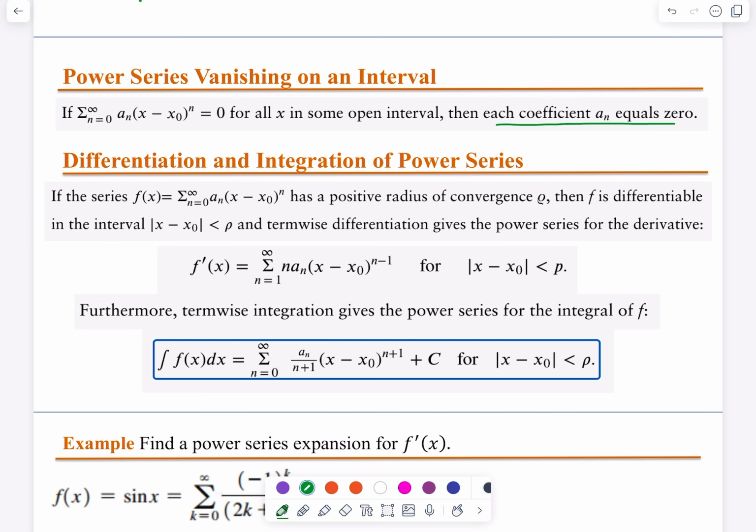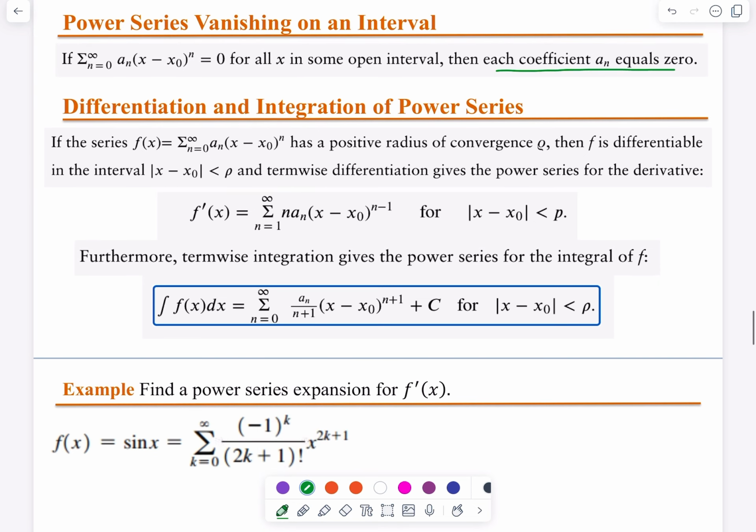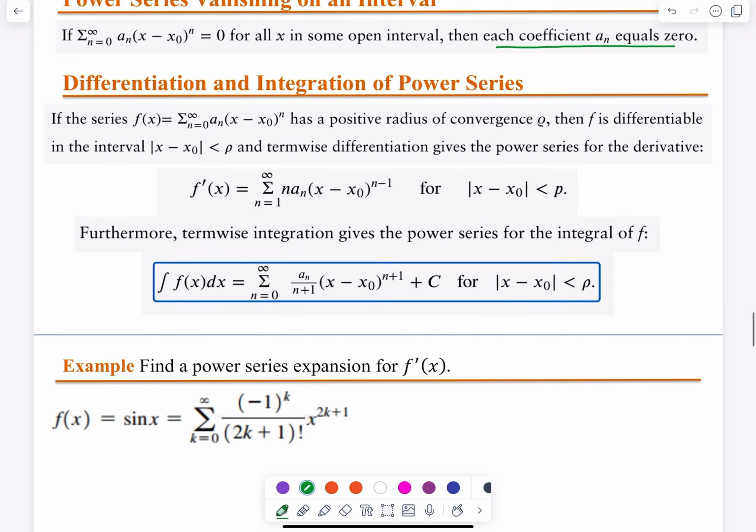Okay, and differentiation and integration of power series. So basically, if this series has a positive radius of convergence, then f is differentiable on the interval where x minus x naught is less than rho, and term-wise differentiation gives us this power series.